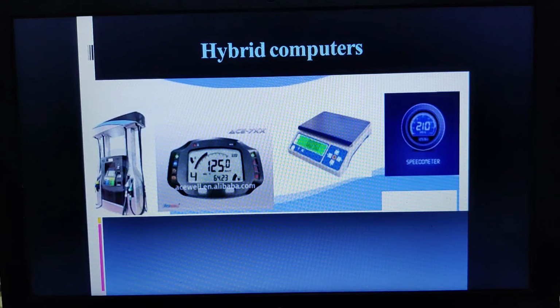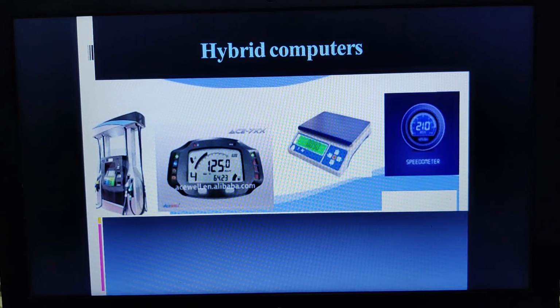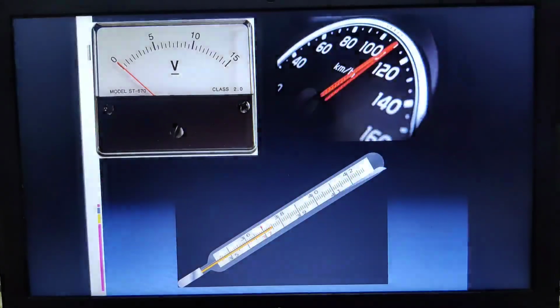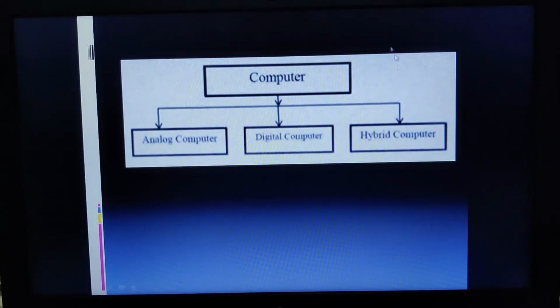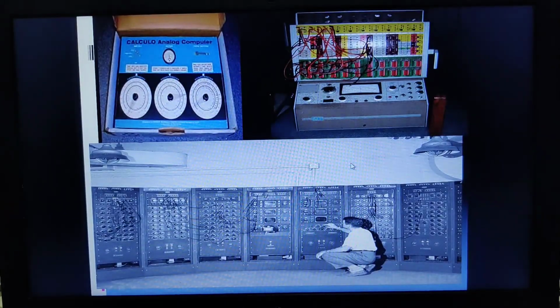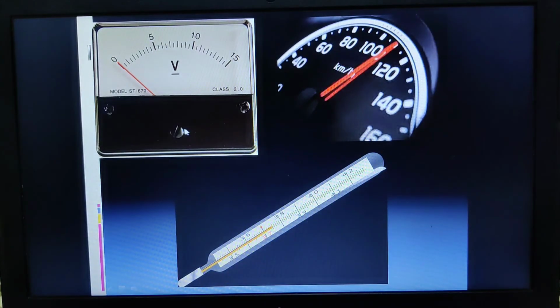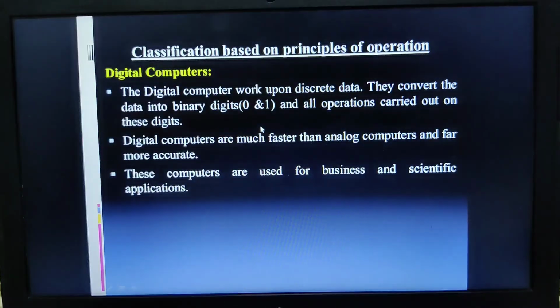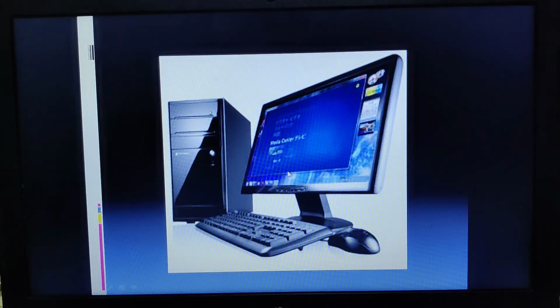Basically, computers are divided into three forms: analog computers, digital computers and hybrid computers. Examples of analog computers are the speedometer, thermometer and voltmeter. Examples of digital computers are brands like Apple, Macintosh, Lenovo and Dell.